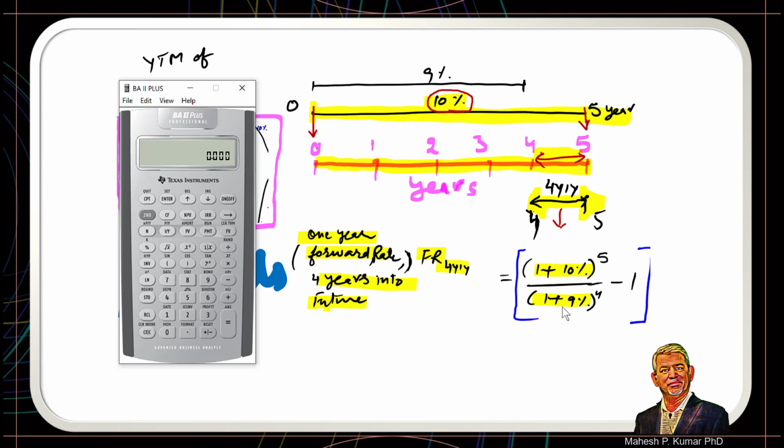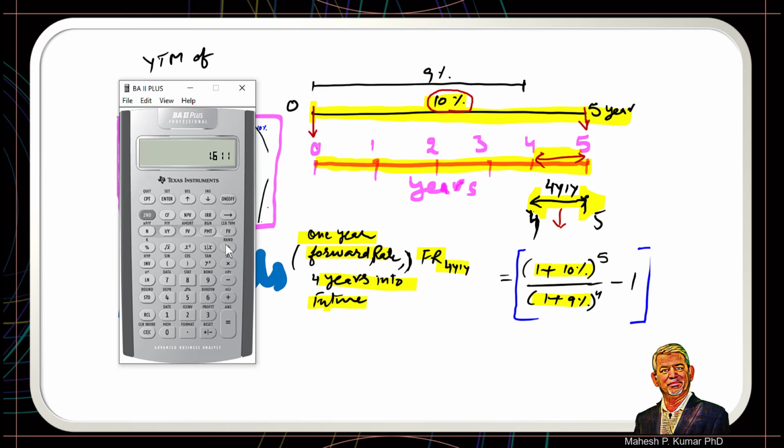Now we are finding the value of the denominator, which is essentially 1.09 exponent 4 is equal to, so we got this number. We will store this number in the second memory slot, and now the numerator value we stored in the first memory slot, so we will recall it.